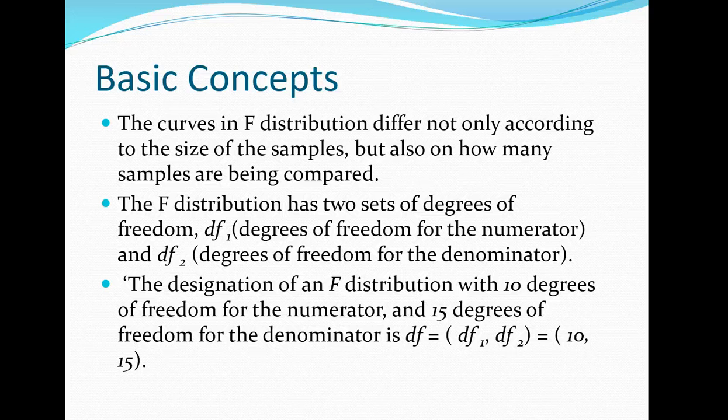The first degree of freedom is the degrees of freedom for the numerator. And then the second degree of freedom, expressed as df2, would be the degrees of freedom for the denominator.